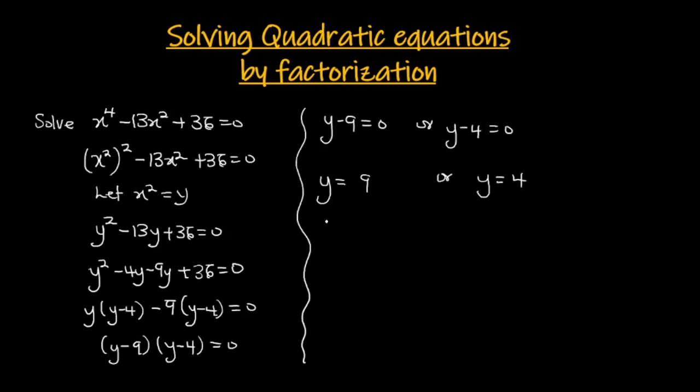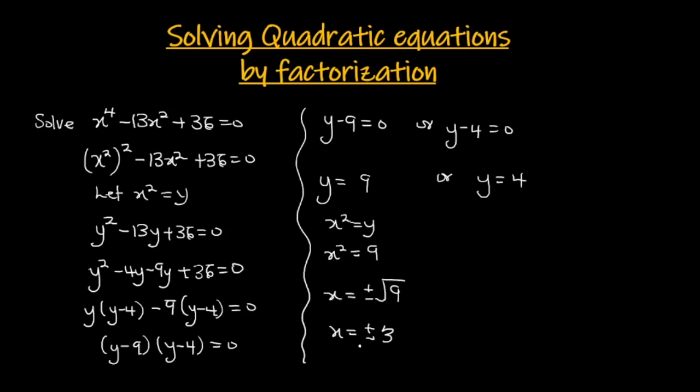But we said that x squared is equal to y, which means x squared is equal to the 9 over here. So to find x, we take the square root of this. So we remember to introduce our plus or minus, because whether positive or negative, you're still going to get the same answer. So our x is equal to plus or minus 3 over here. So whether it's positive 3 or negative 3, if you square that, you're going to get 9.